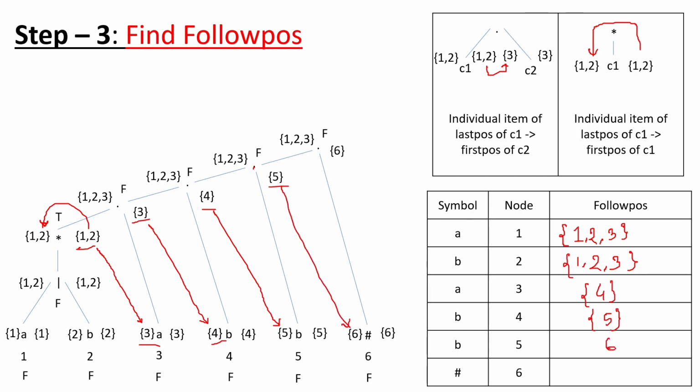Just writing 6 here. Then comes hash. Now there is nothing further, so for 6 it will be empty, null, and thus we are able to find the follow pos of each term, and this is it.